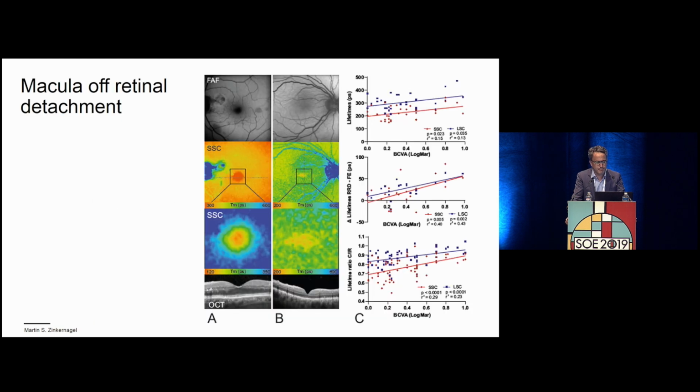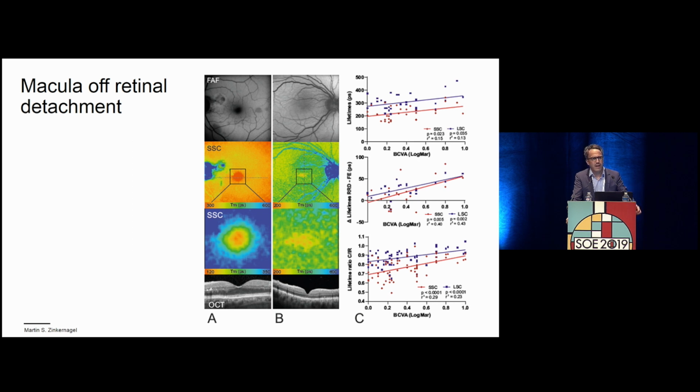Now, we just recently looked at fluorescence lifetime imaging in patients with macula-off retinal detachment, looking at macular pigment, how this could influence visual outcomes after retinal detachment repair for macula-off detachment. And what we found is that it is quite a good marker to predict visual outcomes.